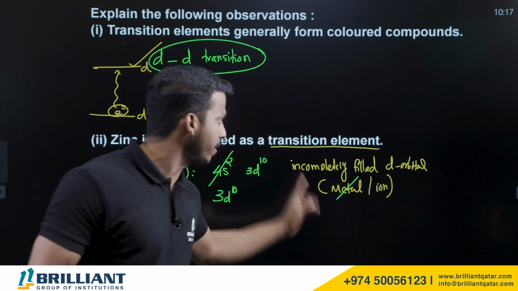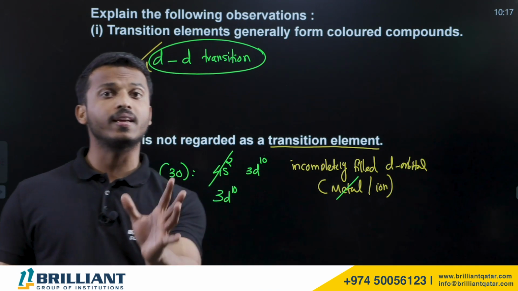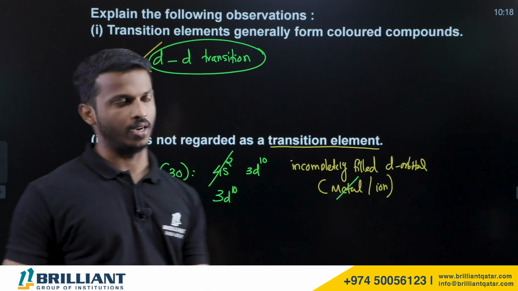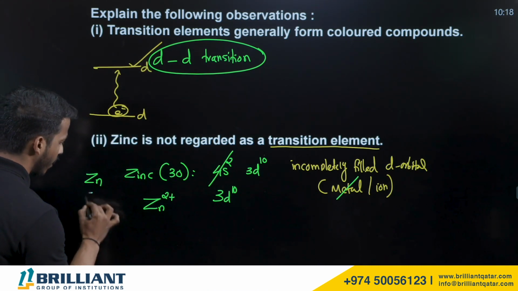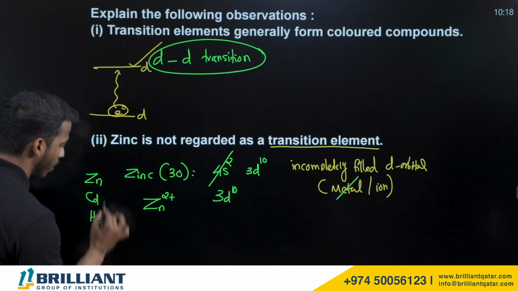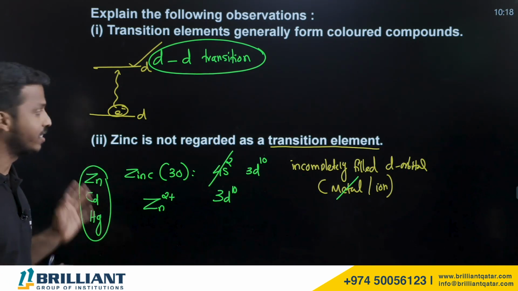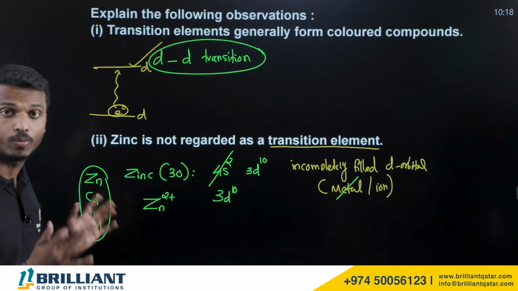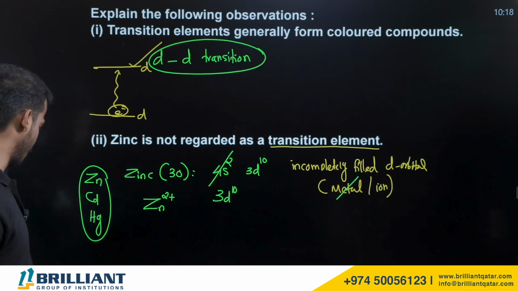In order to act as a transition element, the element must contain an incompletely filled d orbital either in its metal state or ionic state. Some more examples you have already studied: zinc, cadmium, mercury. All these elements belong to the same group and they are not considered transition elements, because their outermost d orbital is fully filled in their metal state and ionic state.